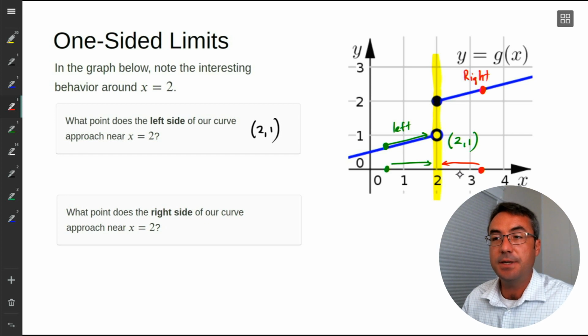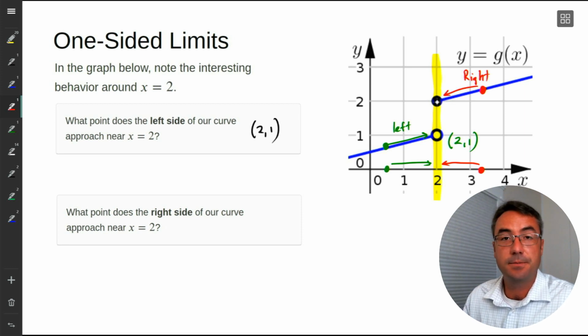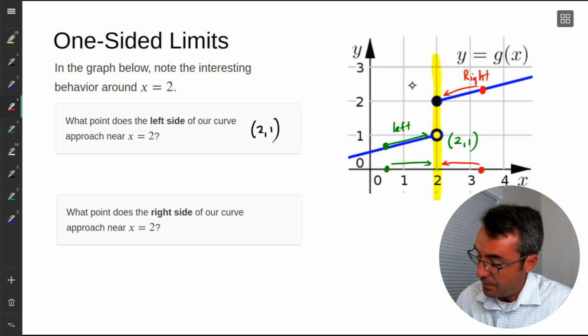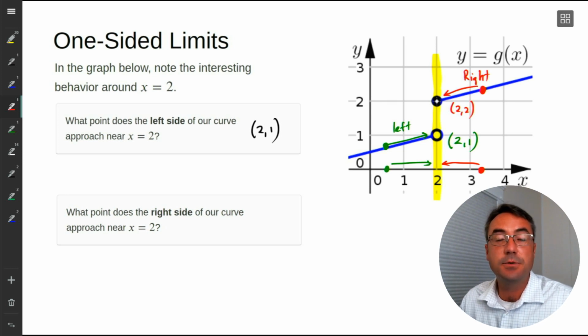As these input values get closer and closer to 2, if we walk along our curve here, what is it doing? Well, it looks like it's getting closer and closer to this point right here. What are the coordinates of that point? That is (2, 2). So on the right side, it looks like we're getting closer and closer to the point (2, 2).